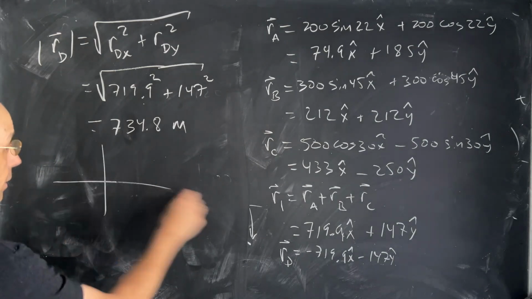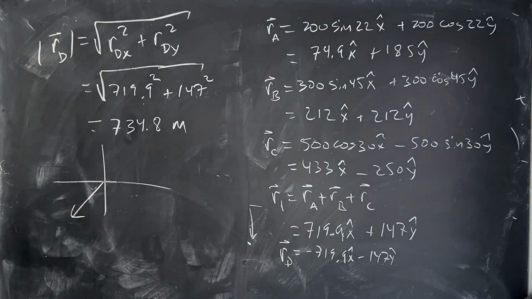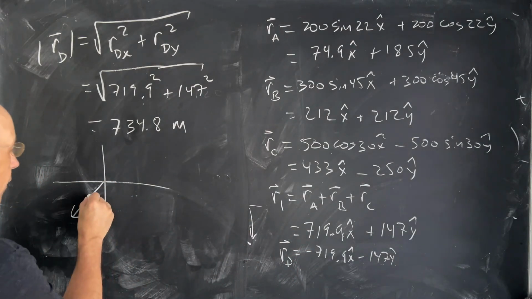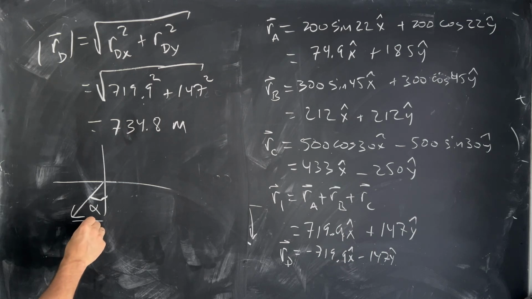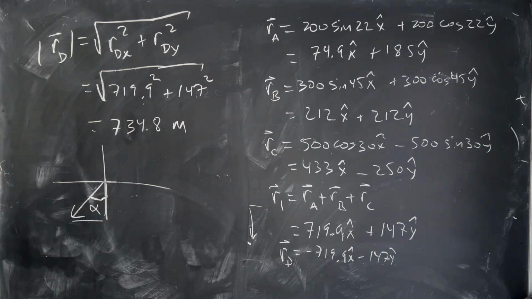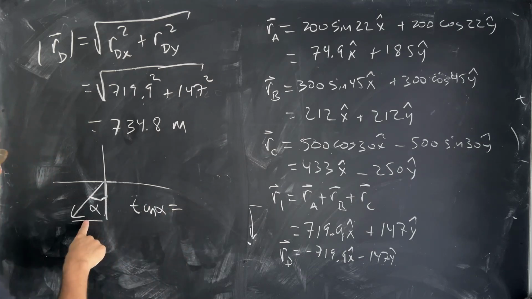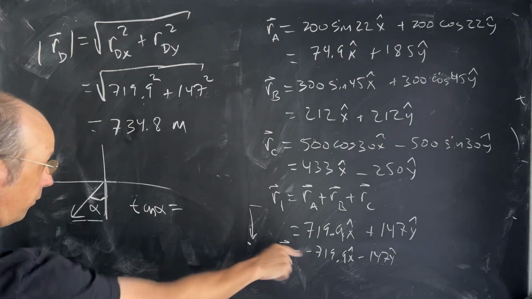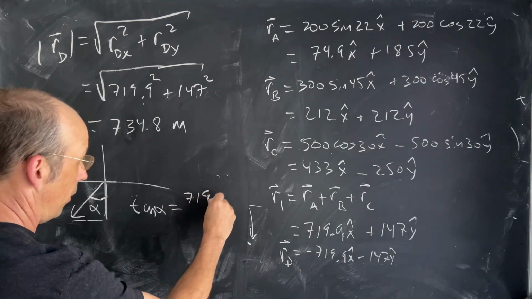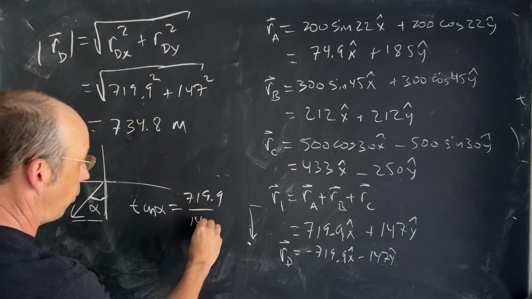Now what about the heading? Let's think for a second. This is in the negative x, negative y, so I'm over here. One thing I could do is to find this angle right here, which I'll call the angle alpha. I can choose the x component as my opposite and the y component as my adjacent. So the tangent of alpha is equal to the opposite, 719.9, over the adjacent, 147.